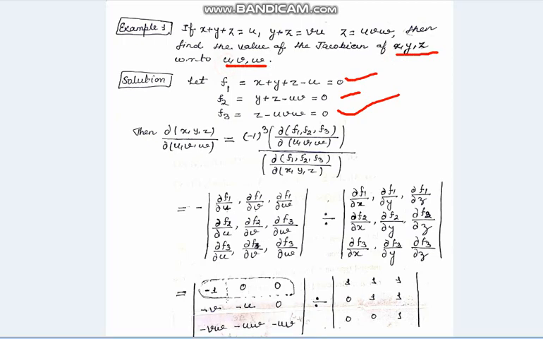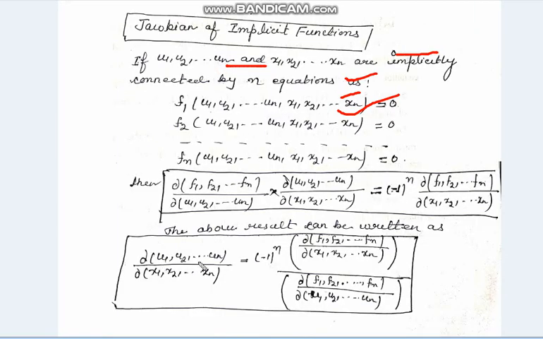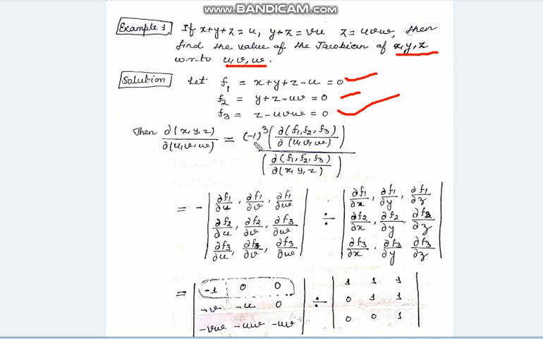By the previous formula, the Jacobian of u1, u2 up to un with respect to x1, x2 up to xn is calculated by the Jacobian of f1, f2 up to fn. First of all we will take minus 1 to the power n, because here there are 3 equations, so n is 3. Now take the Jacobian of f1, f2, f3 with respect to x, y, z in the numerator, and in the denominator the Jacobian of f1, f2, f3 with respect to u, v, w.